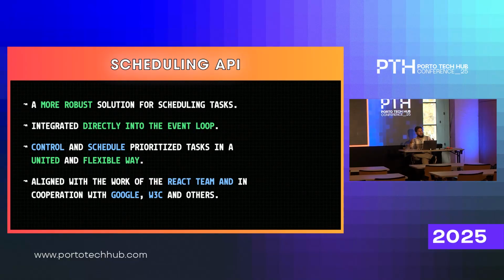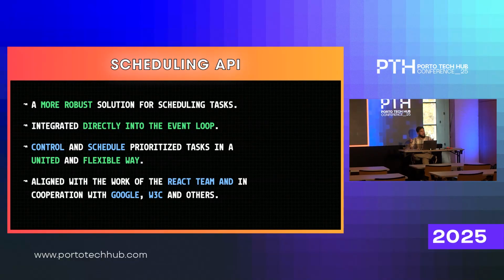So this is supposed to be the more robust solution that we've been missing for such a long time now. And again, it's supposed to work out of the box, integrated directly into the JavaScript event loop, and it should give you a flexible but unified way to control and schedule tasks.